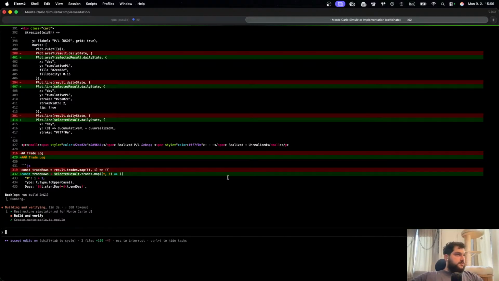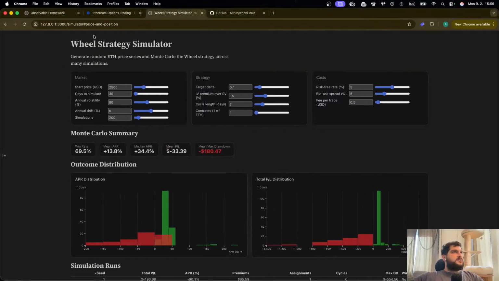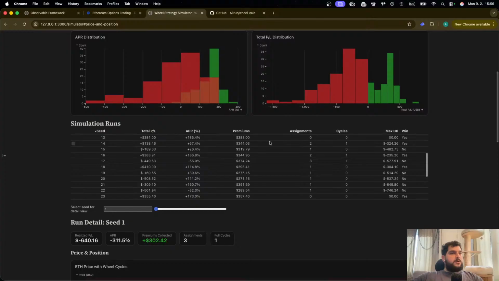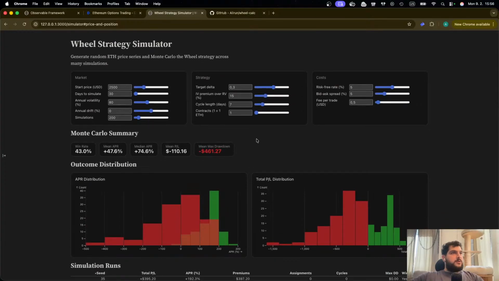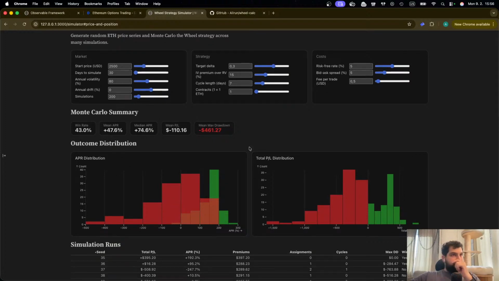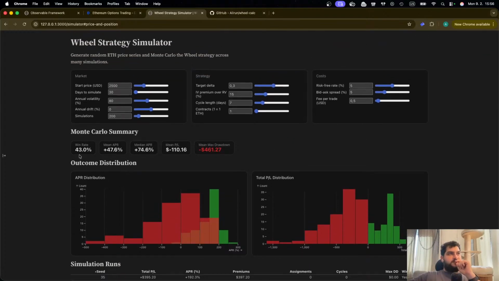Okay, so it wants to build now. Probably it was already finished. We can refresh and see. Wow. Win rate 43%.